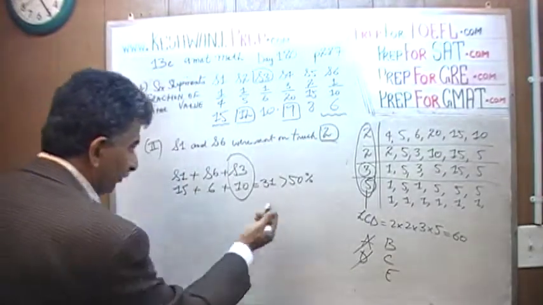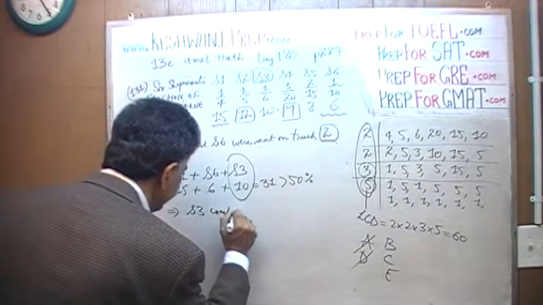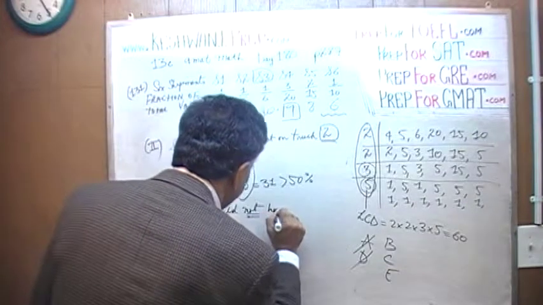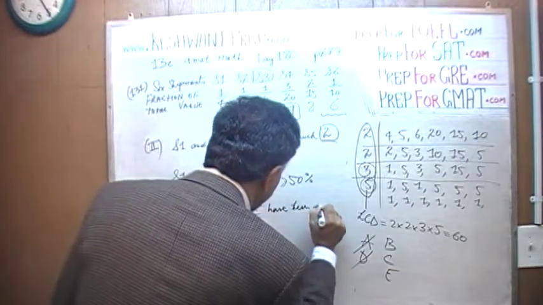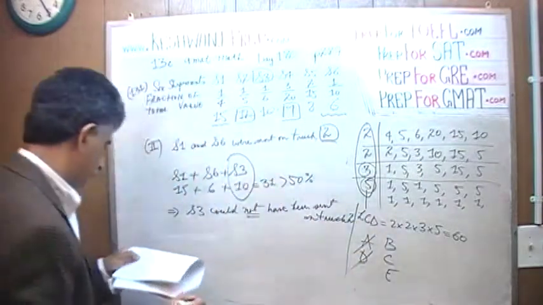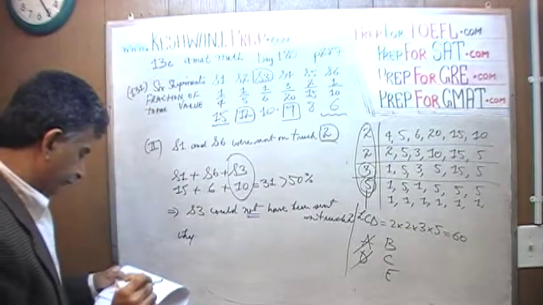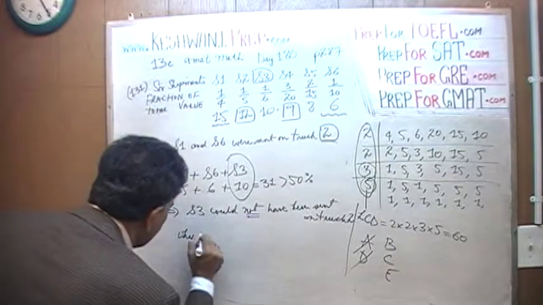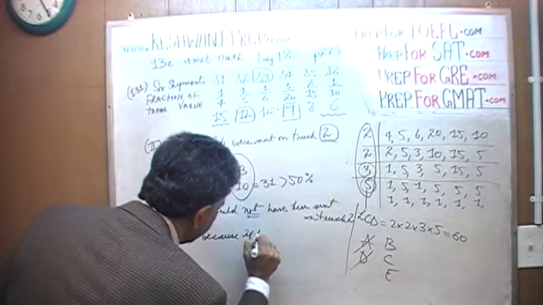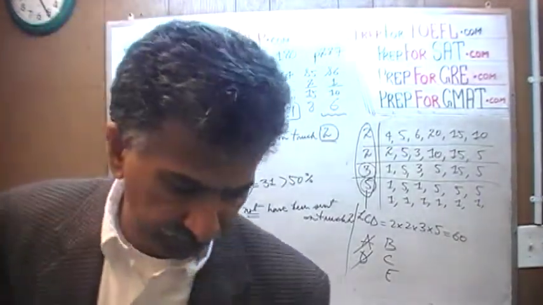This implies, because it turns out to be more than 50%, that S3 could not have been sent on truck 2. Why? Because if we did, I'm not going to write everything, it's too much, I'm going to explain to you.